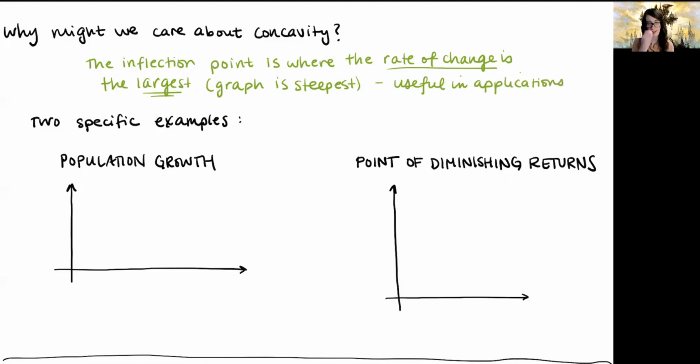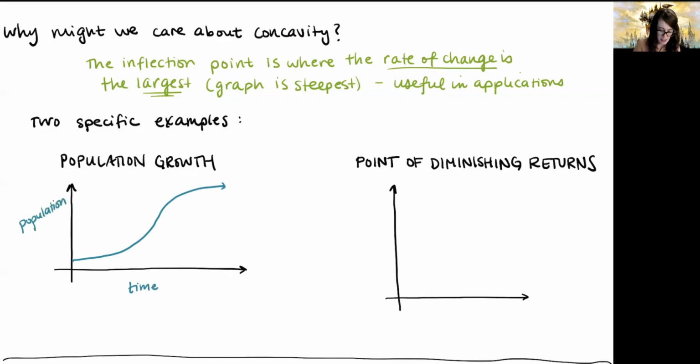Okay, so in two specific cases, one of them is in population growth. So normally functions that model population growth look like this. Okay, so you've got on the horizontal axis, maybe time, and then on the vertical axis, population.